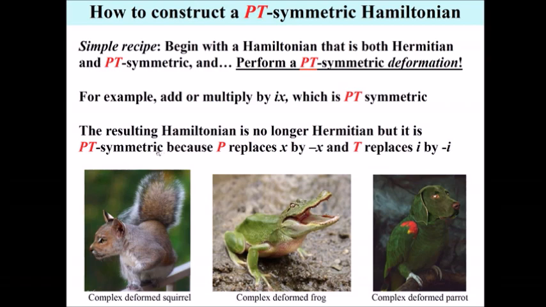But it is still PT symmetric, and this is because, remember, P replaces x by minus x, and T replaces i by minus i. And if you want to see some examples, this is a complex deformed squirrel, and this is a complex deformed frog, and here's a complex deformed bird, a parrot.